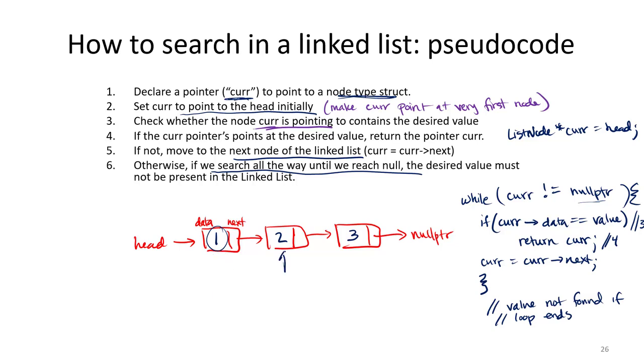Otherwise, we advance current to current arrow next, we move to the next node, check our second value. Is that the value we want? If it's not, we advance to our third value. If 3 is a value we want, then we would return the memory address of cur. Otherwise, we keep going until current points to null, and if we still haven't found the desired value when current points to null, then that means the value must not be present in our linked list.